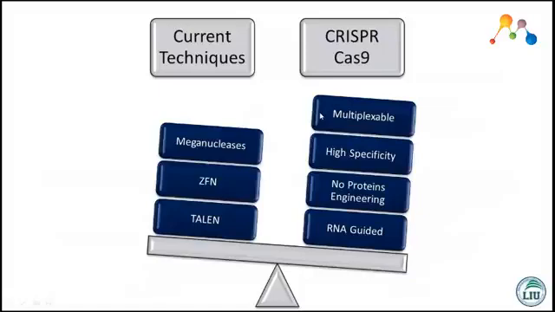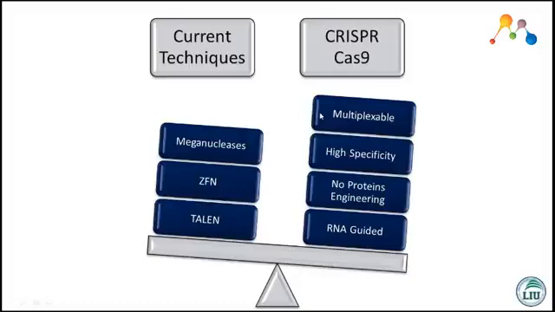Here we have to separate 2 sets of experiments. The first one is the set of experiments based on DNA-protein interaction: the meganuclease, the zinc finger nuclease, and the TALEN. All of them require the design of a protein that has to recognize the DNA.